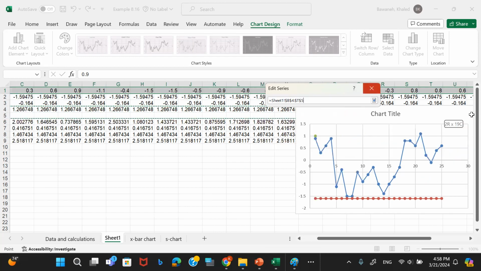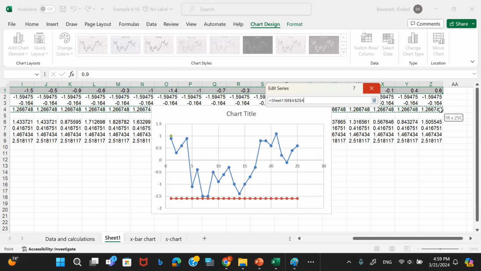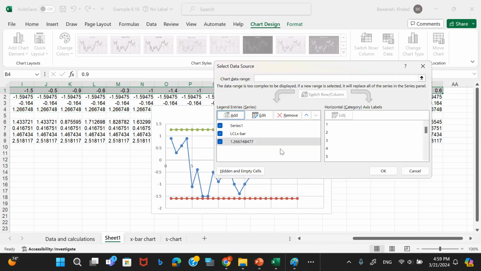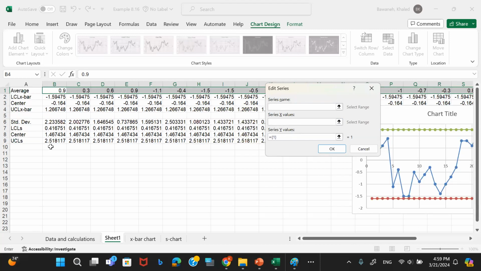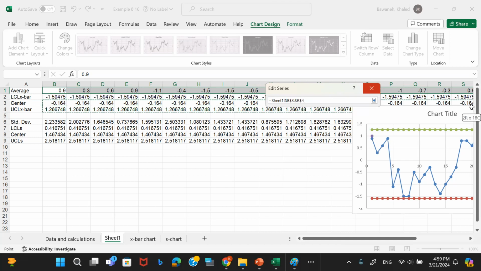Then I need the central line, which is X double bar.